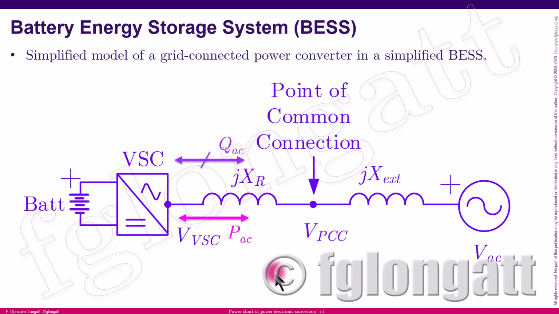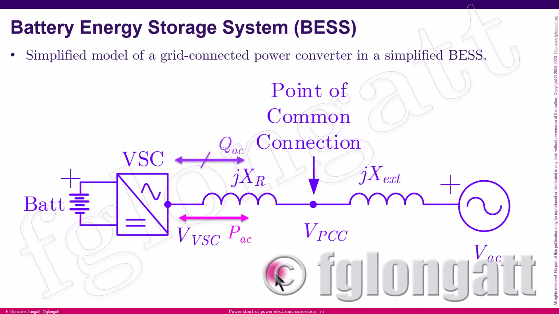the power grid. Of course, the voltage source converter has an internal voltage, and there is a series reactor that is typically a filter, and then we have the point of common connection. That is where the power electronic converter is typically delivering the service.